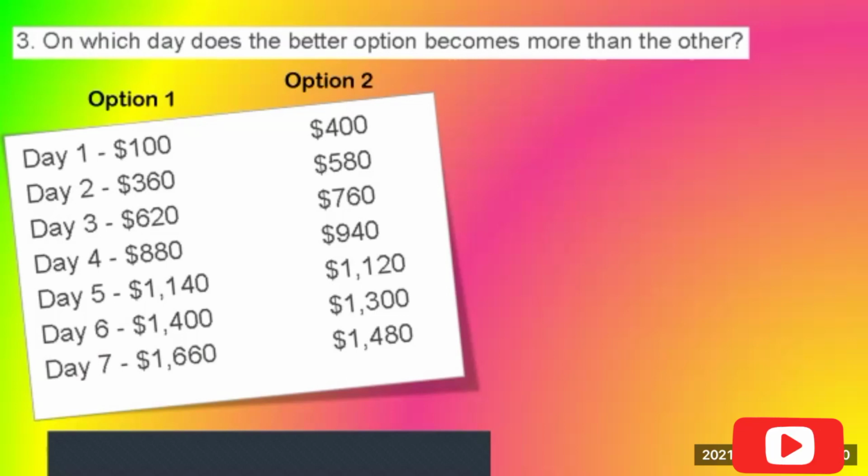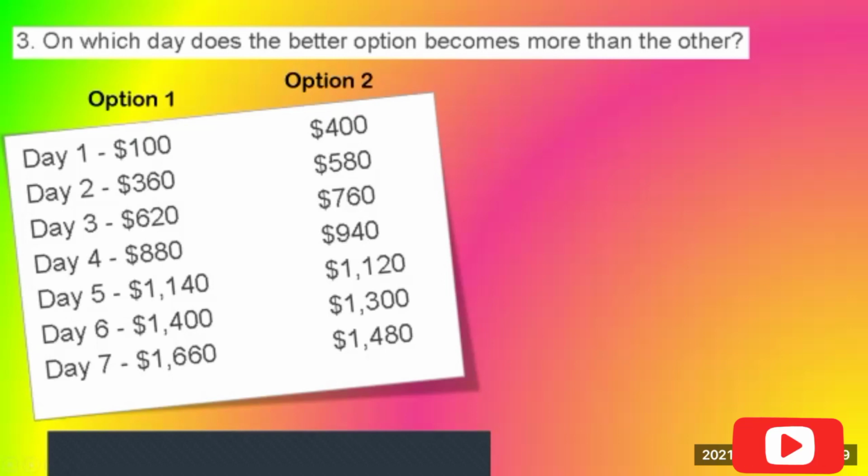Now, remember, we would have figured this out from the previous question when we were solving it. So we would need to now look at what is happening with day 1 and day 2 options. We realize that in day 1, the total for option 1 would be smaller than option 2. For day 2, it's still smaller than option 2.